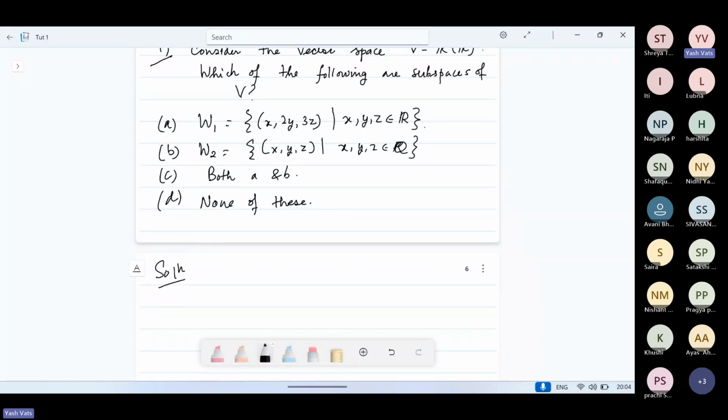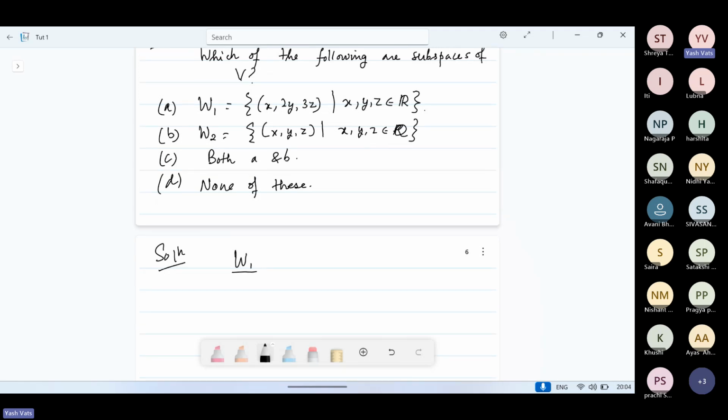So which of the following are subspaces? In this question, you need to have the definition of a subspace in mind. If you say W1, then is W1 a subspace of V? V is R3, so it should satisfy all the properties.